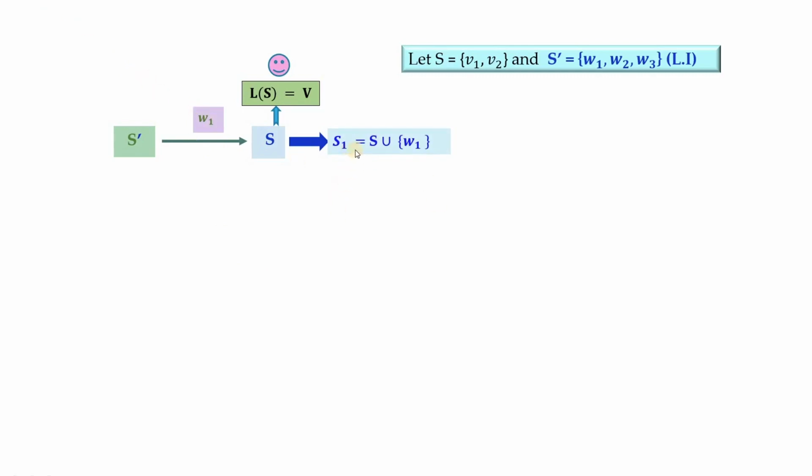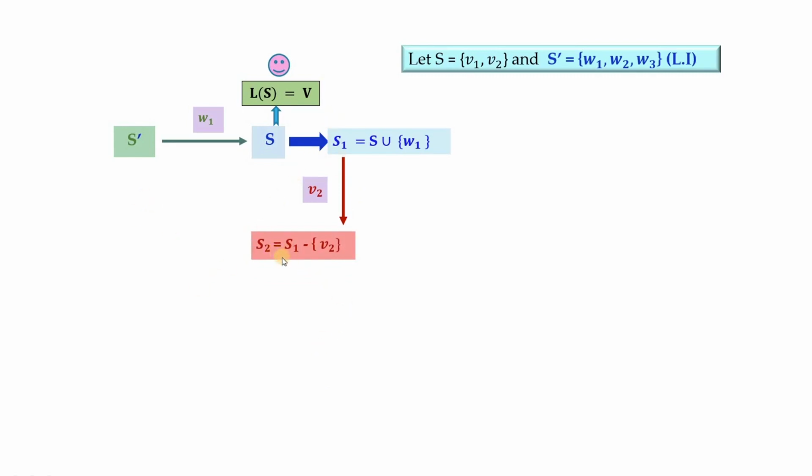And because this S1 is linearly dependent, some Vk, so here only 2 vectors that we have, so V2 will be linearly dependent on the previous vector, namely V1. So we exclude that V2 from this. So we arrive at S2.